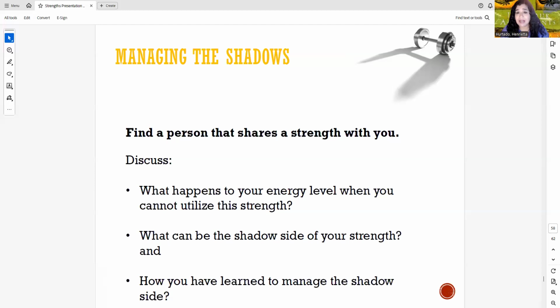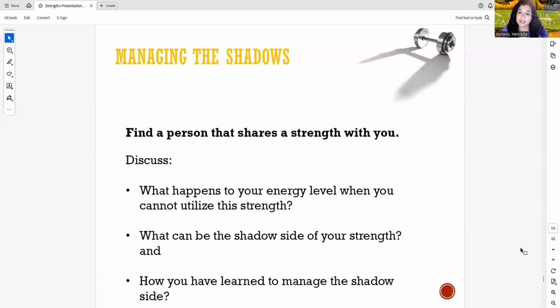So managing the shadows, this is a group discussion. Find a person that shares a strength with you and discuss. Ask them, what happens to your energy level when you cannot utilize your strengths? Or if you happen to be alone, ask yourself this question.